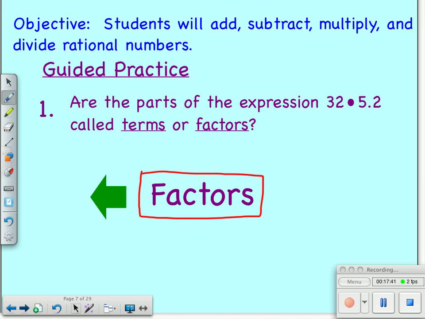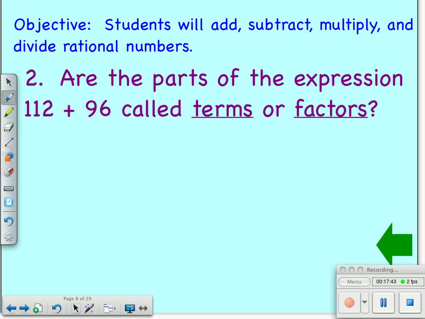Number 2. Are the parts of the expression 112 plus 96 called terms or factors? Again, make sure you write number 2 down. And now, since this is an addition problem here, these numbers 112 and 96, those are the parts they're talking about.